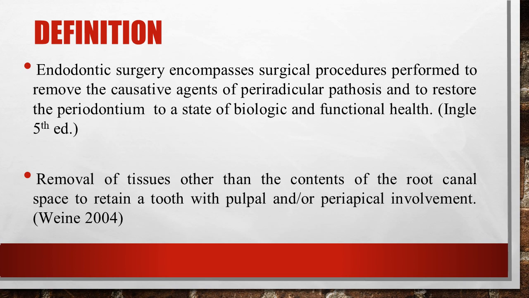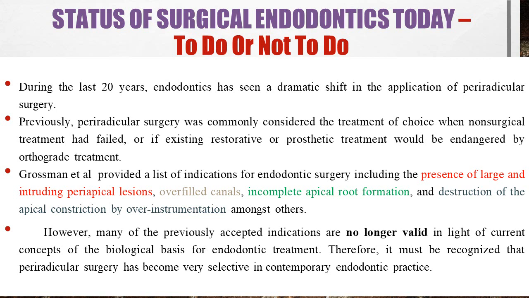Your causative agents for periradicular pathosis are bacteria and the byproducts of the bacteria, that is the toxins, and you want to restore the periodontium to a state of biologic and functional health. So you wish to clean the area, make it sterile, remove all the granulation tissue which will be formed as a result of the byproducts and the toxins of the bacteria, and restore it to biologic and functional health. Okay.